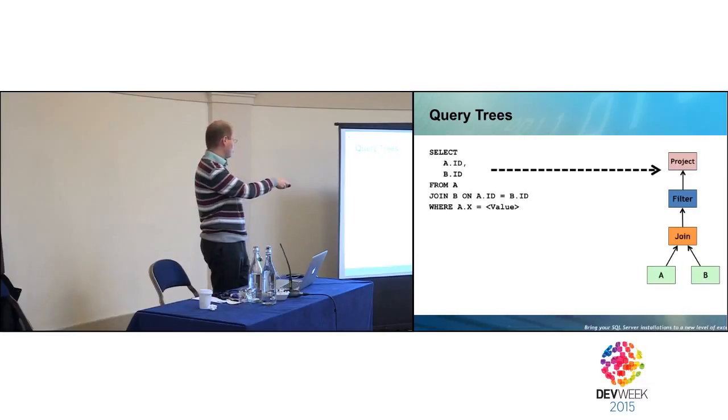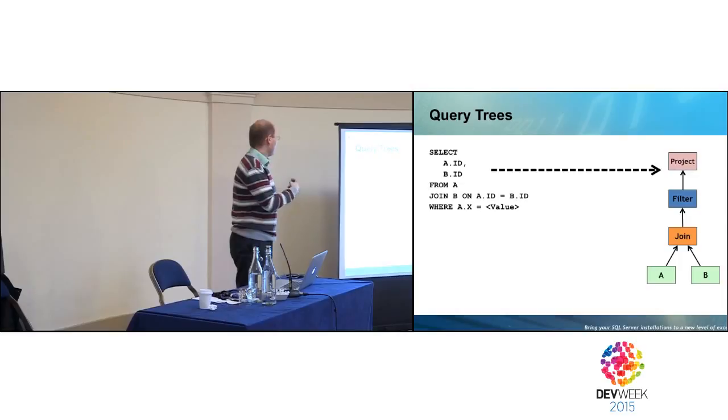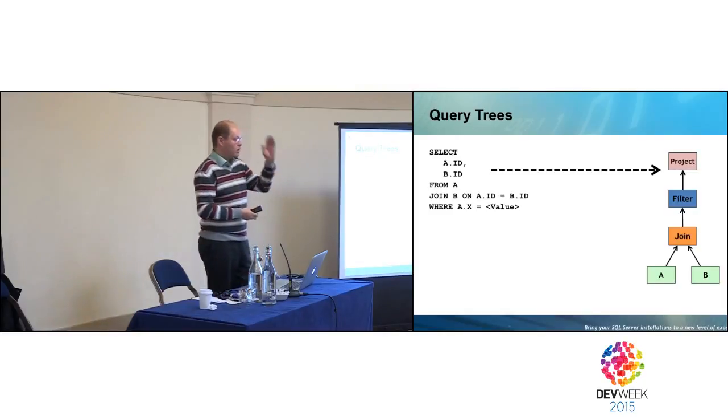As you can see, we have a join between table A and B, then a filter where we eliminate some non-qualifying rows. And finally, we make a so-called projection where we just select specific columns from both tables.